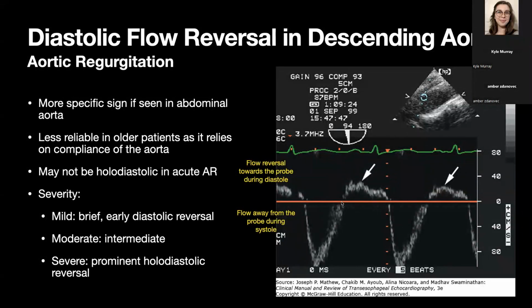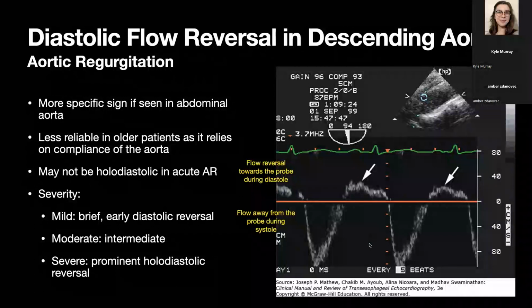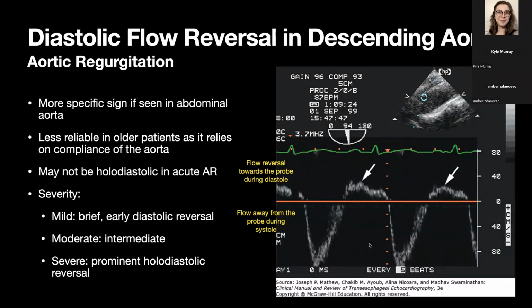If you have a little bit of regurg, you might see a little blip and then it goes away. Pulse wave. You find short axis first, and then go to 90 and then put the pulse in the middle of it. Exactly. The further distal you can be, the more specific this sign becomes. Distal in the aorta. Yep, you want to be as far as you can in the aorta.